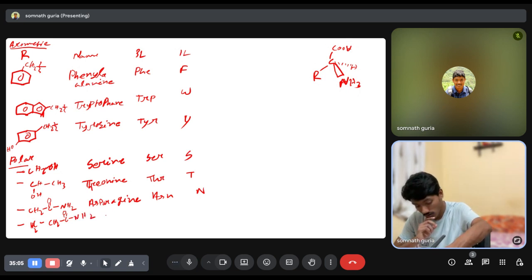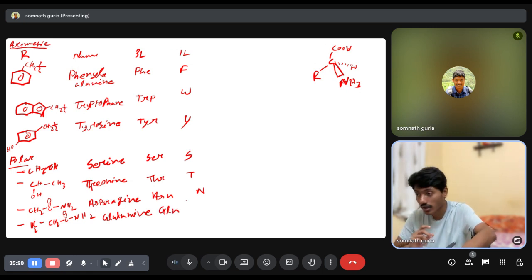This is called glutamine. Three-letter code is GLN. As glycine becomes G, now it is called Q.